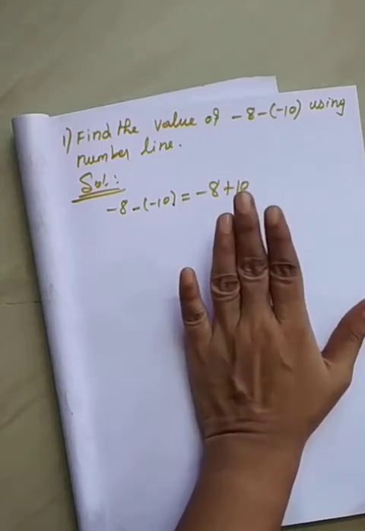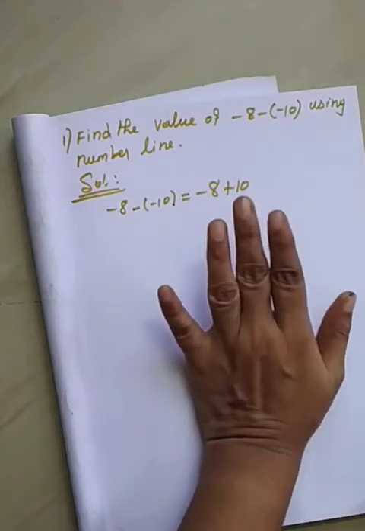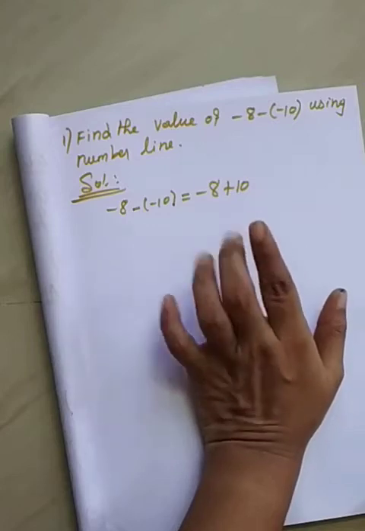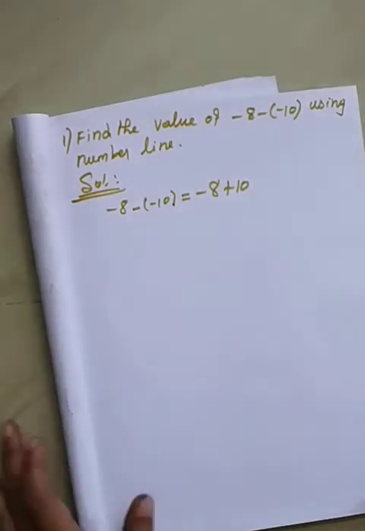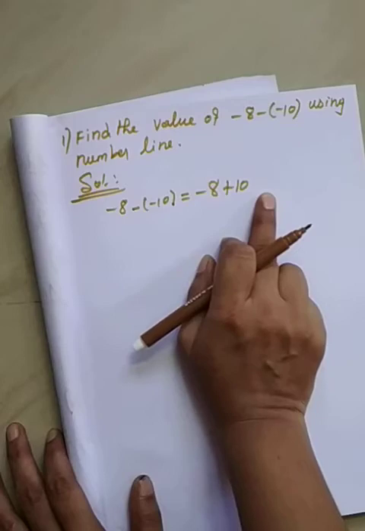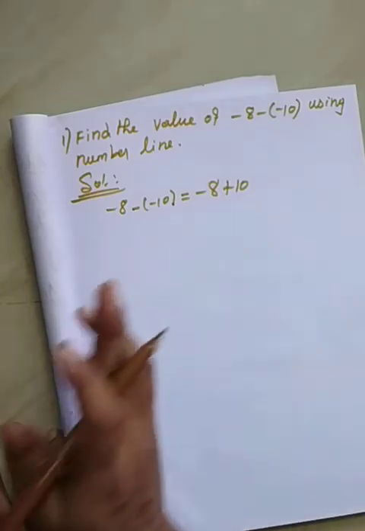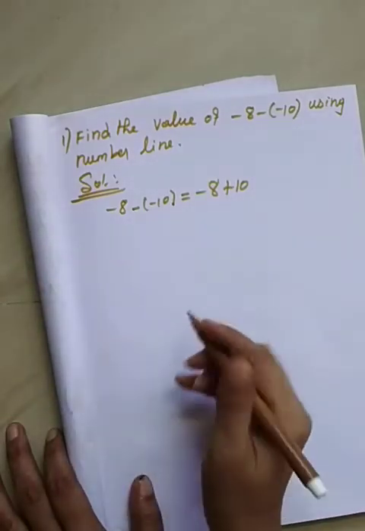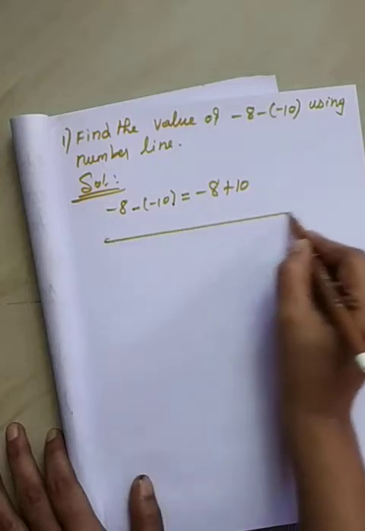On the number line, from -8 we will move towards the right because here it is plus 10. So which side do we have to move? Right side. So draw the number line.